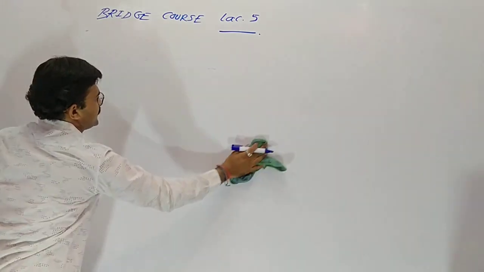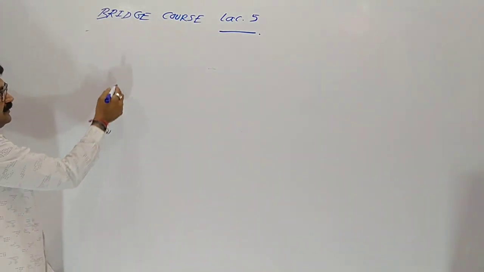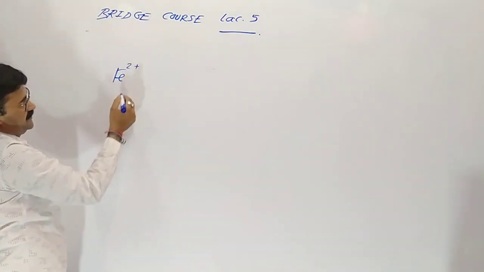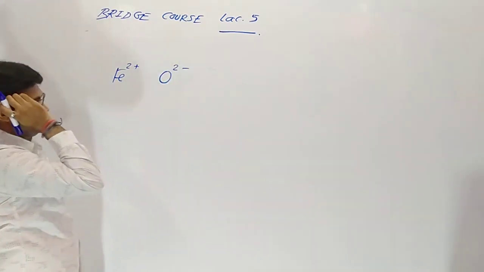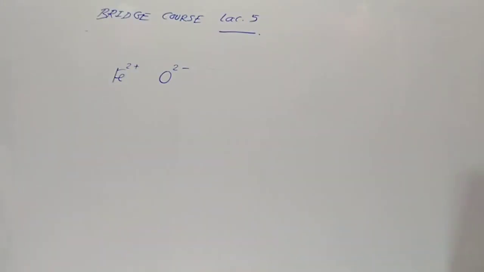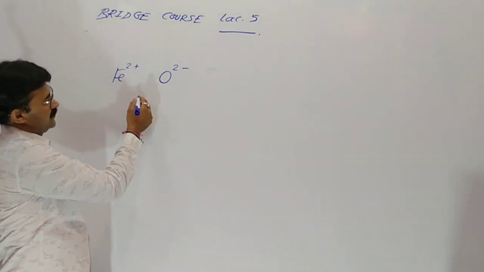Like this, sometimes Fe2+ is given with O2-. So the charge is already balanced. Copper having plus 2 and oxide having minus 2 is already balanced, so there is no need to cross multiply.